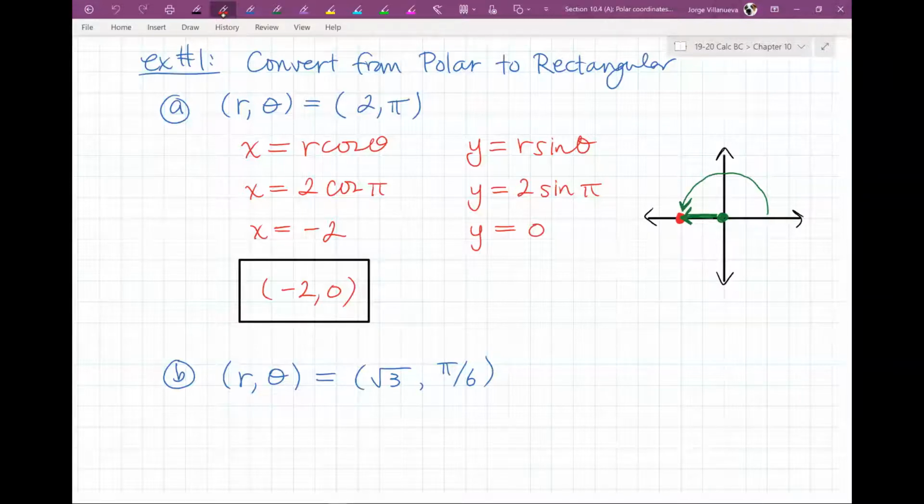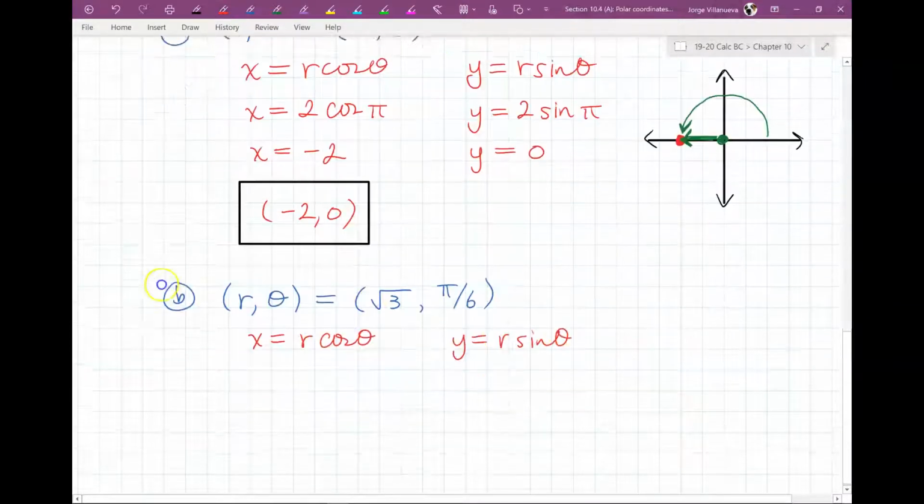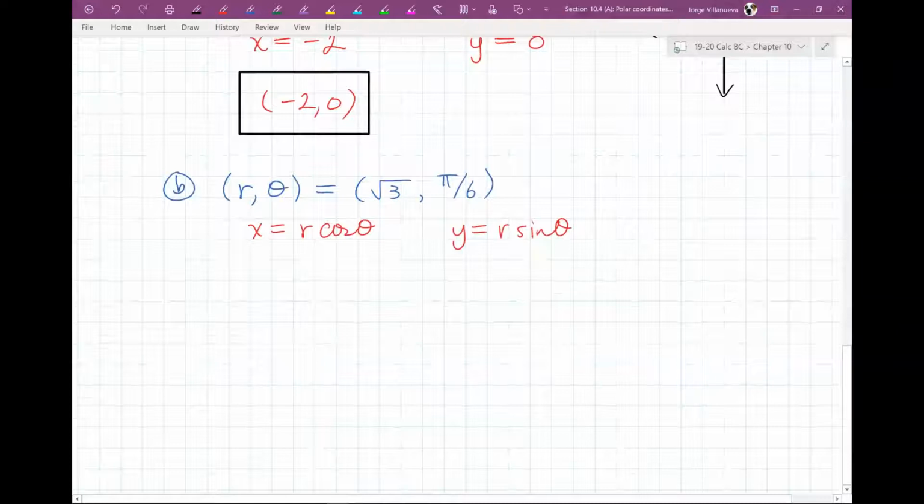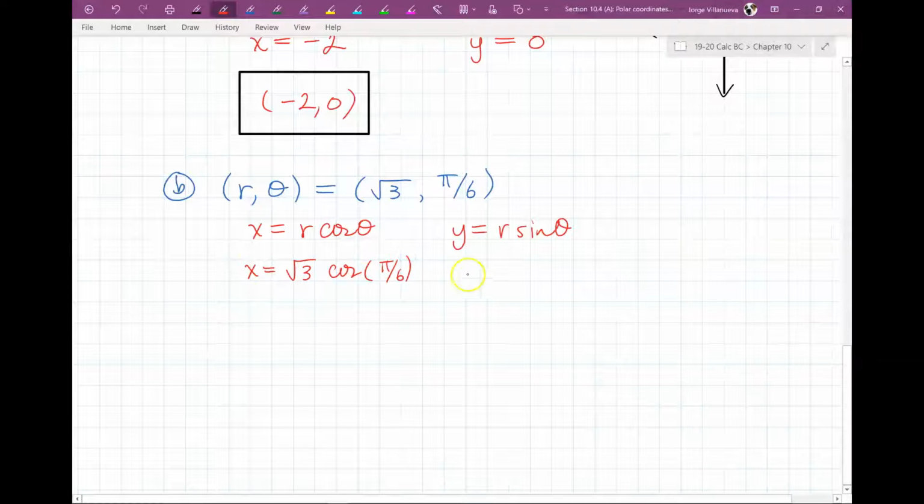Now let's go ahead and do this. x is equal to r cosine theta, and y is equal to r sine theta. So we'll work on both sides at the same time. My r value is radical 3 and my theta is pi over 6. So x is equal to radical 3 cosine of pi over 6, and y is radical 3 sine of pi over 6.